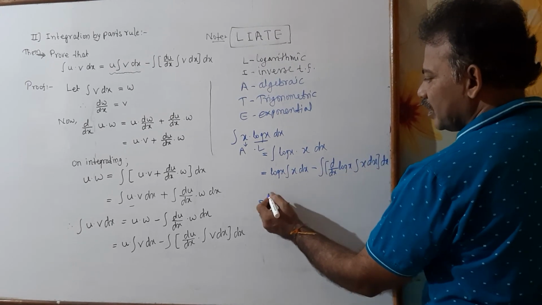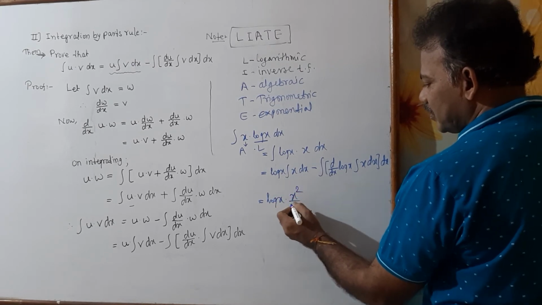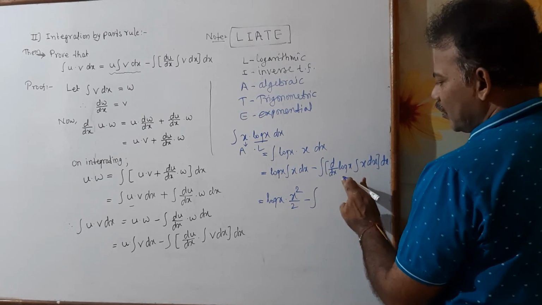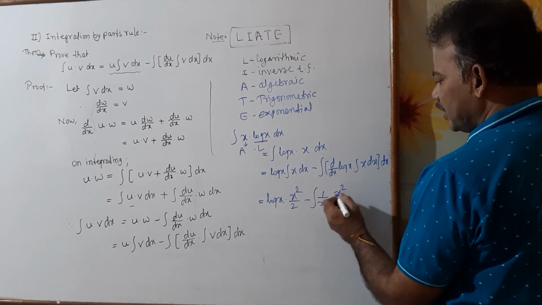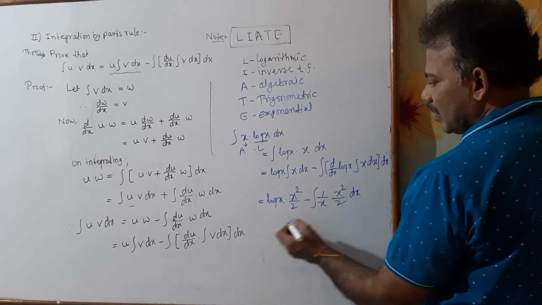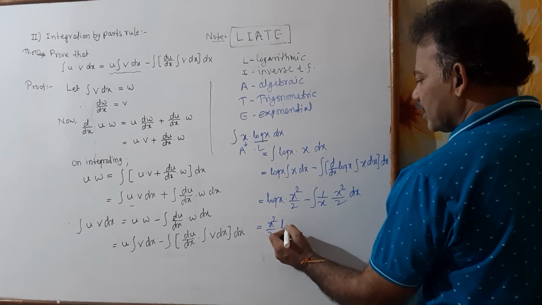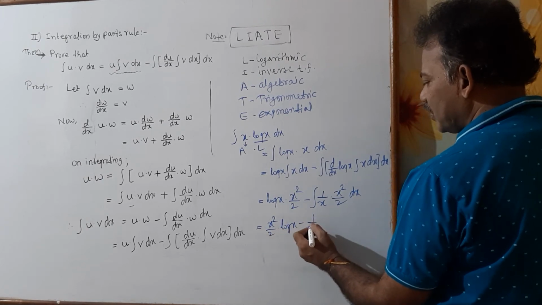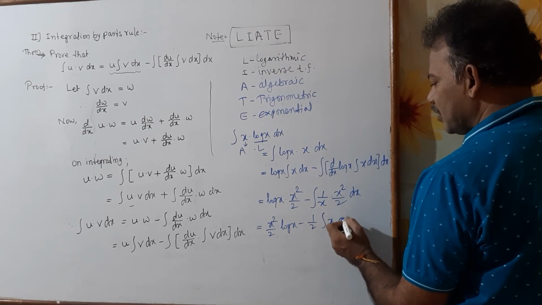Simplifying, log x times the integration of x, that is x square by 2, minus integration of the derivative of log x, 1 upon x, times the integration of x, that is again x square by 2, dx. We can simplify this: x square by 2 times log x, minus 1 by 2, the constant, where one x cancels and one x is left, integration of x dx.